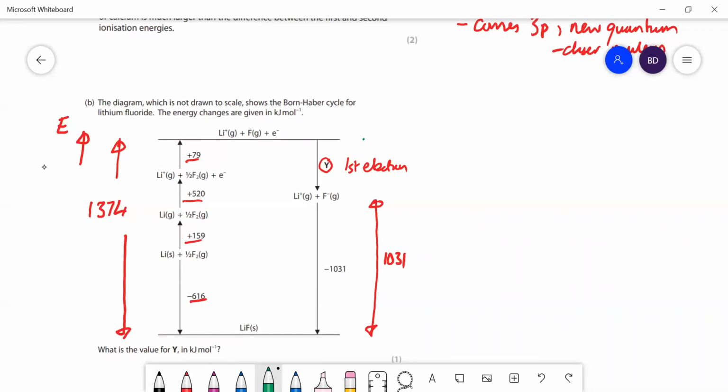So that means this bit here has got to be 1374 minus that, which is equal to 343. Now we have to think about the sign. Is it plus or minus? Well, the arrow's going down, so that's exothermic, so we say the sign is negative. That's the way I would do it. Don't worry about the pluses and minuses until right at the very end of the calculation.